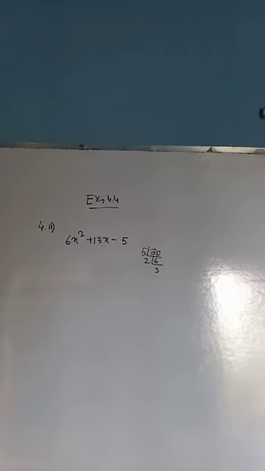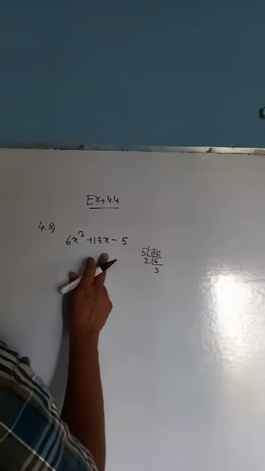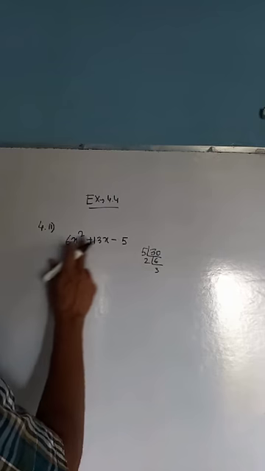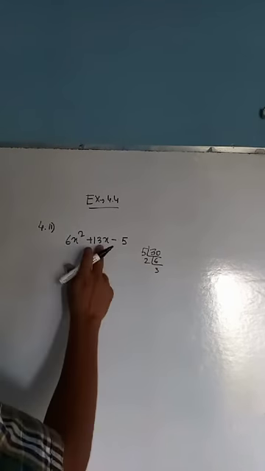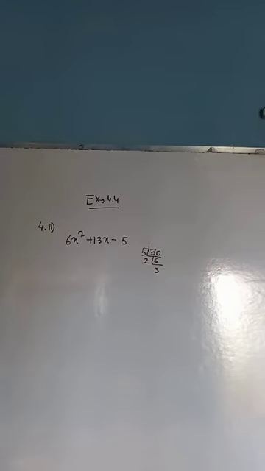I forgot to tell you that you must use prime numbers. Now how can you get 13? With plus and minus, from the minus you can get the 13.